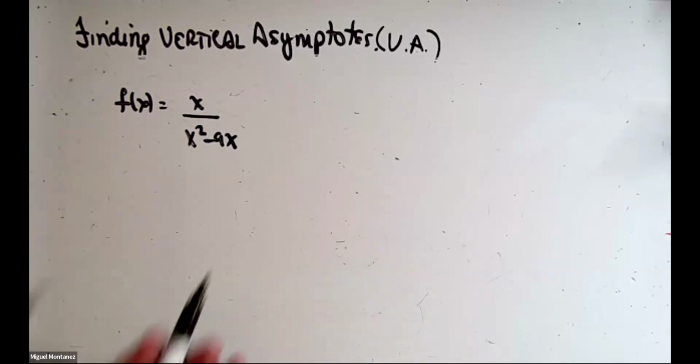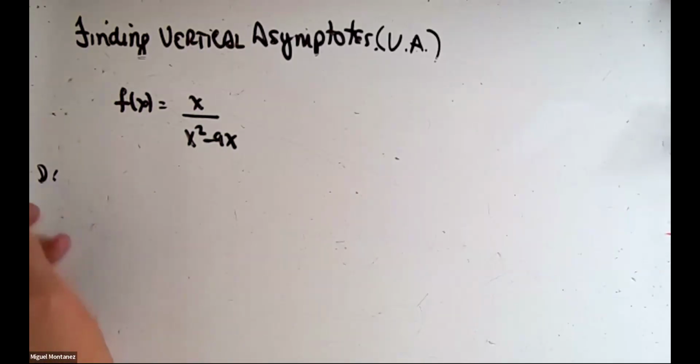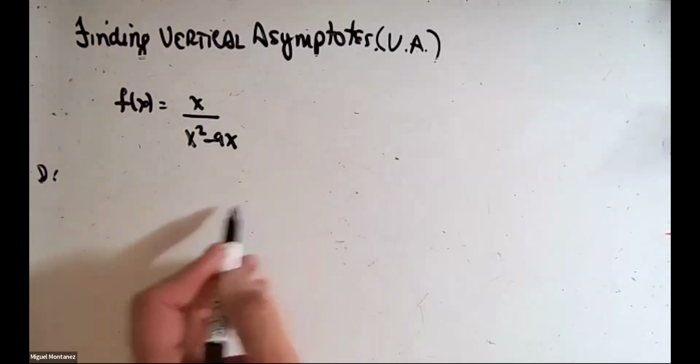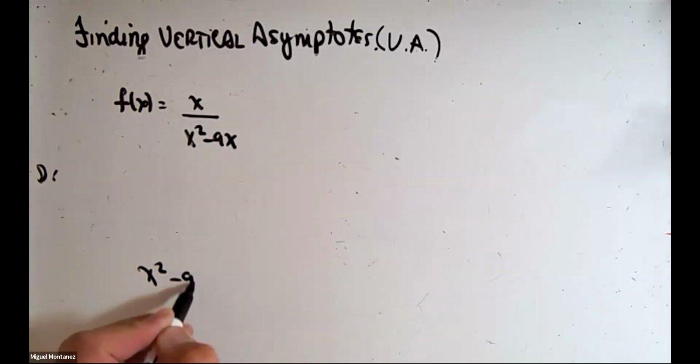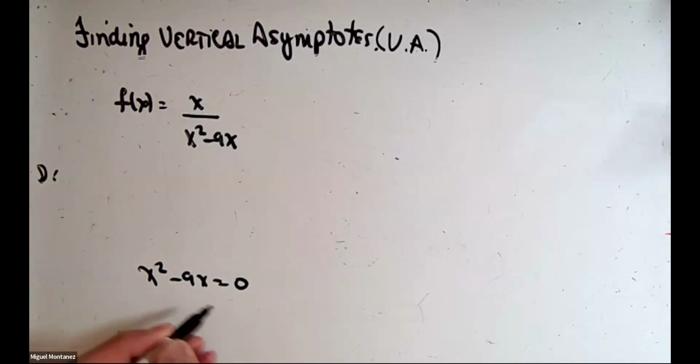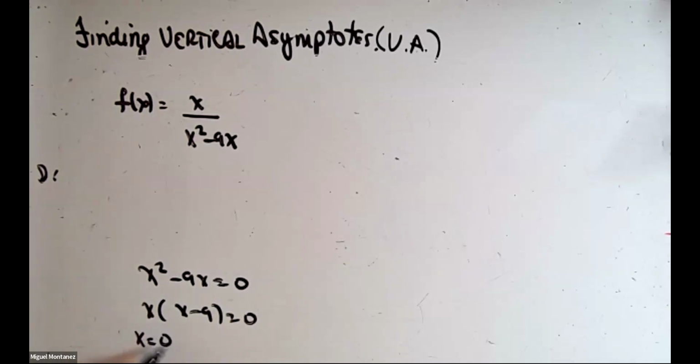What about this one? Again, the domain, well, when the denominator, x squared minus 9x, equals 0, notice we can always factor out an x. x times x minus 9 equals 0, zero product. So x equals 0, x minus 9 equals 0, x equals 9. So these are the two bad numbers.